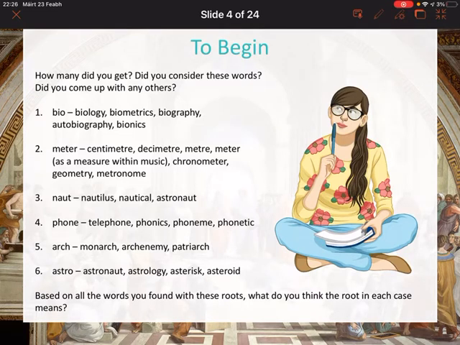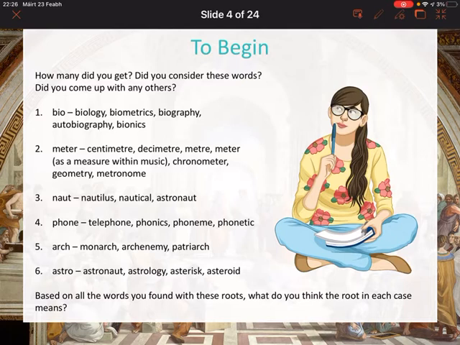Okay, well, bio is life. Meter is to do with measurement. Okay, so it's a distance. Naut or naught is to do with the sea and sailing. It actually comes from the Greek word for sailor, as we'll see in a moment.